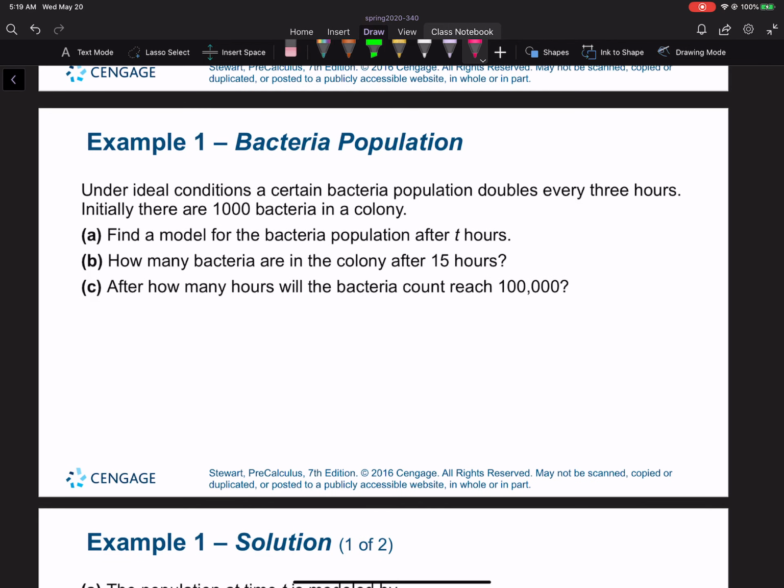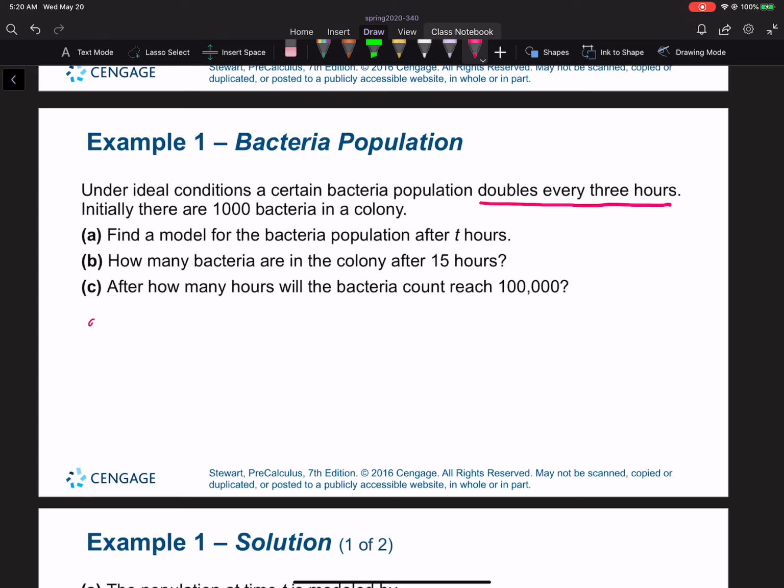It says, find a model for the bacteria population after t hours. So if we read the question, it says in an ideal condition, a certain bacteria population doubles every 3 hours. So I know the growth factor is 2. All right.